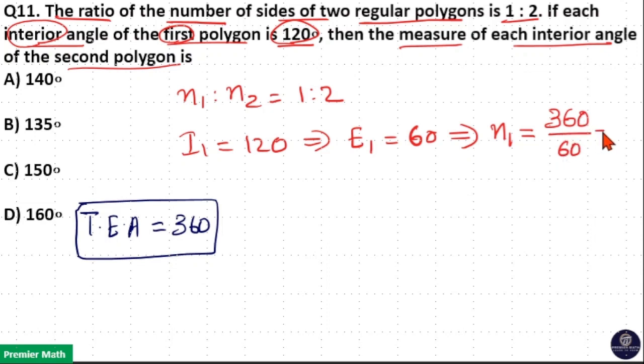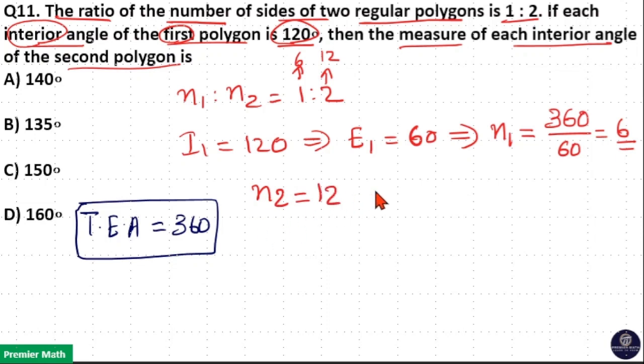Here 360 by 60 is equal to 6. So the number of sides of the first polygon is 6. If one part is 6, then two parts is 12. That is, the number of sides of the second polygon is 12.